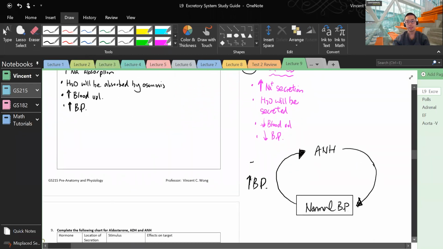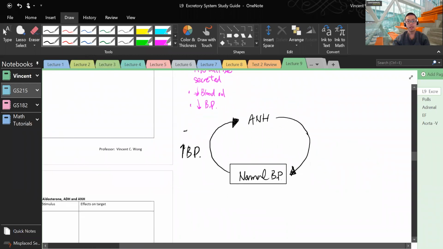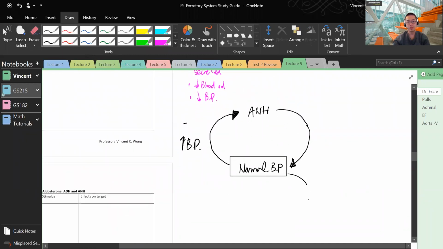And then if the blood pressure is too low, if you drop in blood pressure, then you will activate the RAS, which ultimately is going to cause you to produce aldosterone, right? And then it's going to bring it back up.